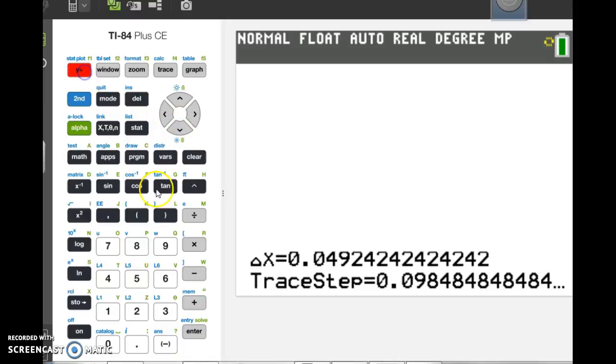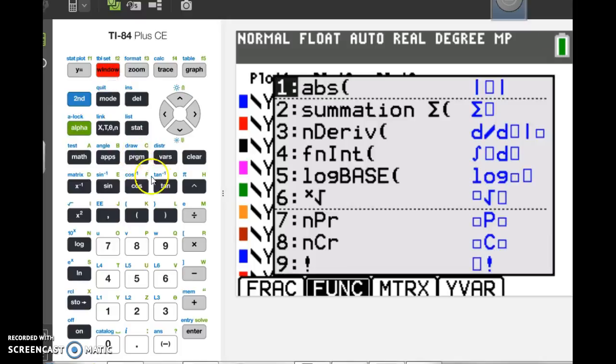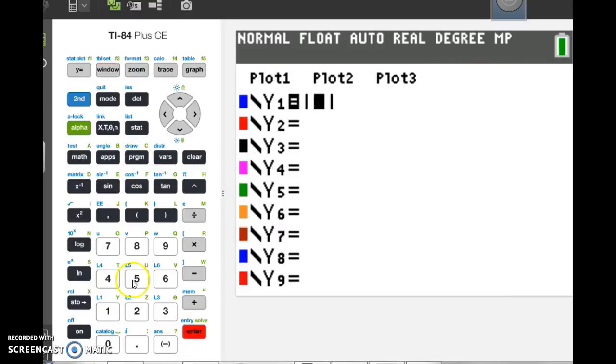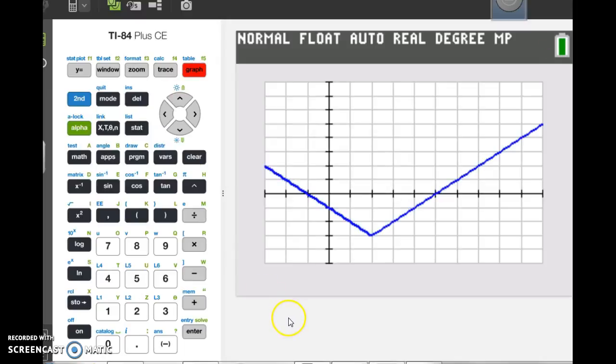Now when I go to y equals, I want the absolute value of x minus 2, so alpha, window key. Absolute value, see the bars here, is number 1. x minus 2, and then minus 3. Here is my graph.